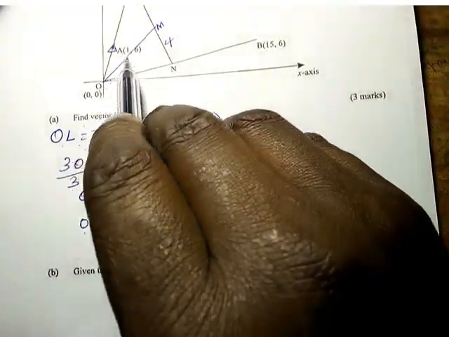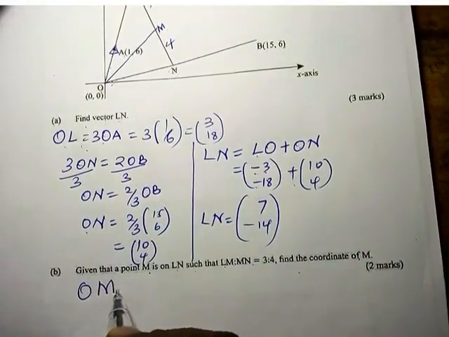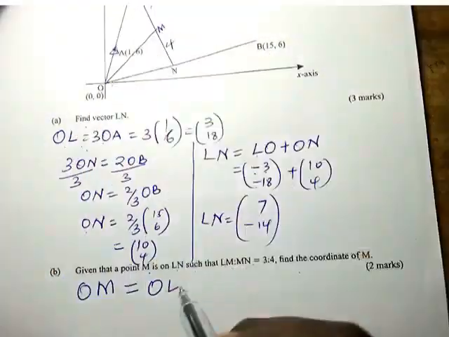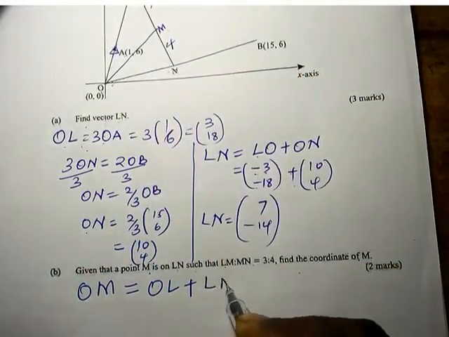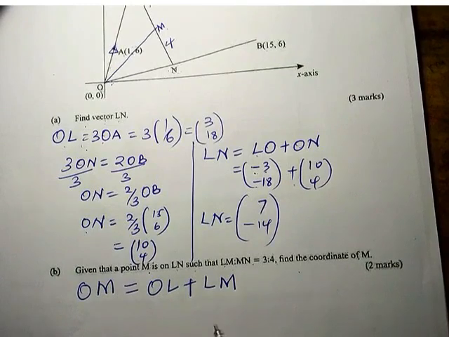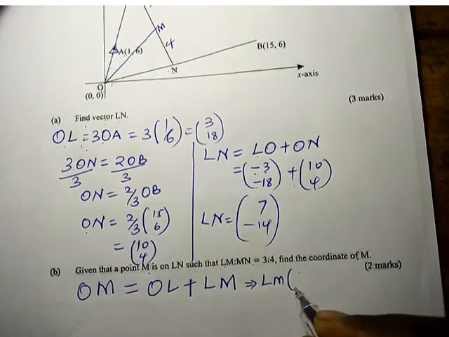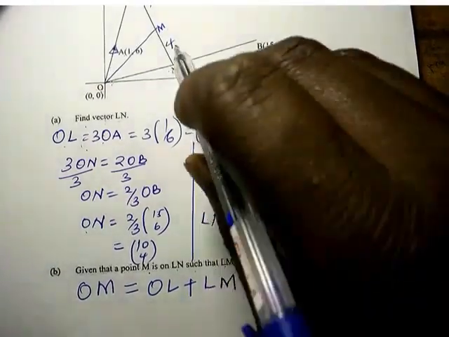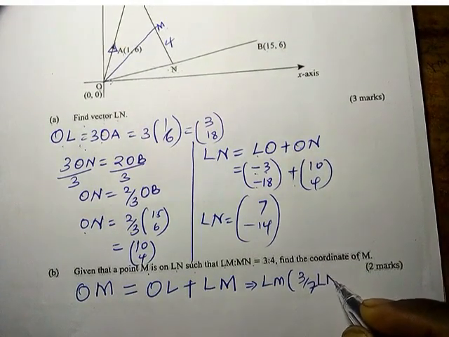So to get the coordinates of M, you find vector OM. So OM is equal to OL plus LM. But we know that LM is equal to 3 over 7 LN.